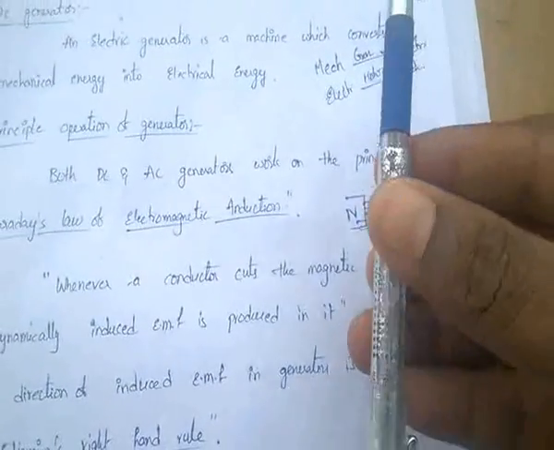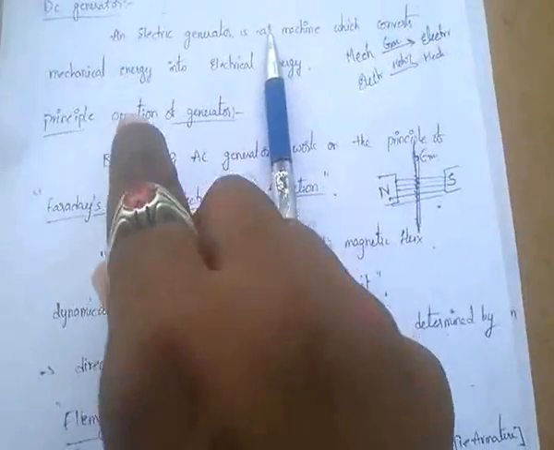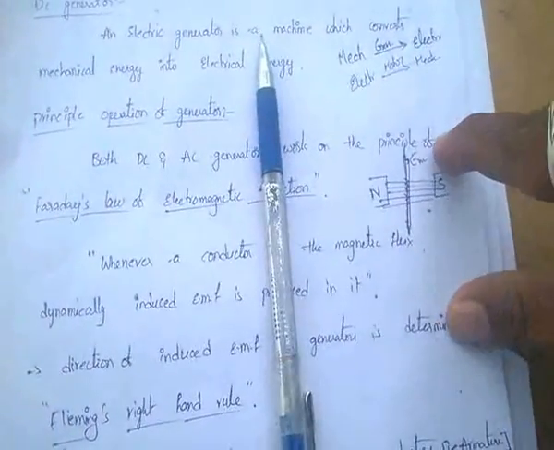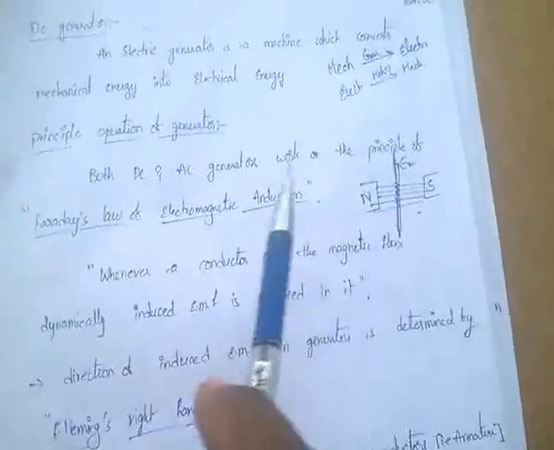If one pole is north and the other is south, the flux flows from the north pole to the south pole.